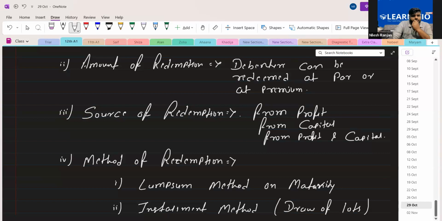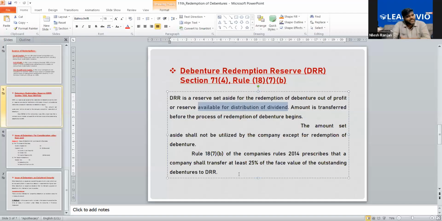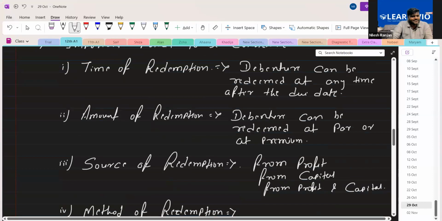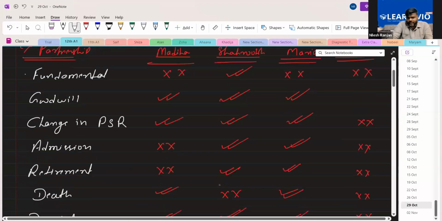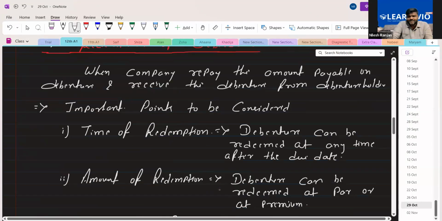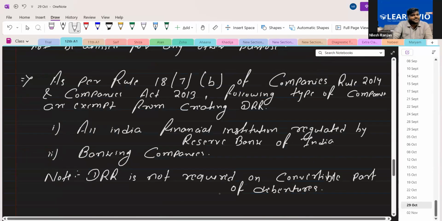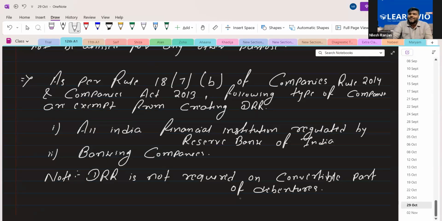Sir, this won't come for the exam, right? Yes. It will. It is not included in the syllabus. No. But you said the debenture is included. Yes, the issue of debentures is included, not redemption. Redemption is not included in the exam, but it is part of the syllabus. Okay. Now I have to confirm from all of you.